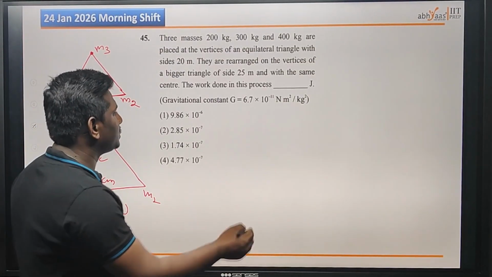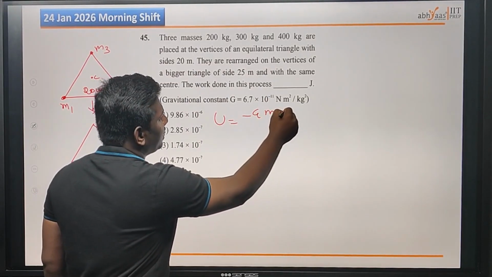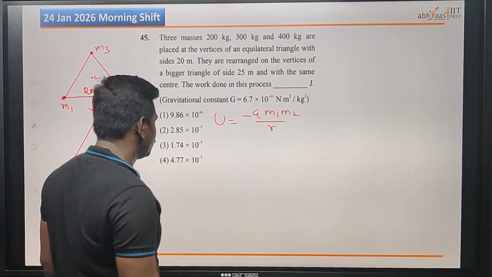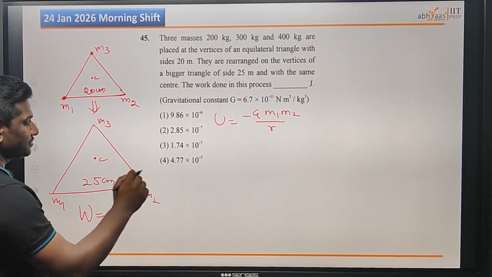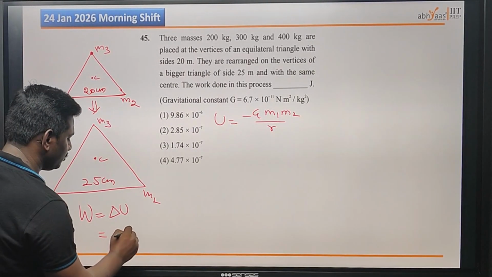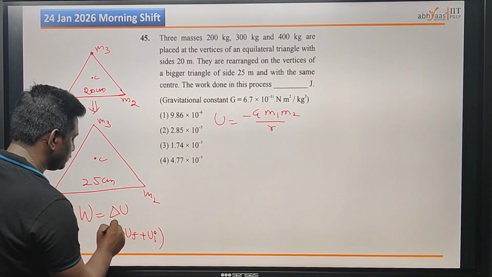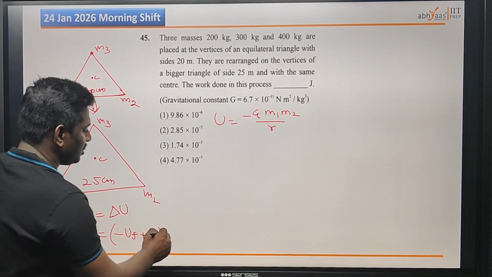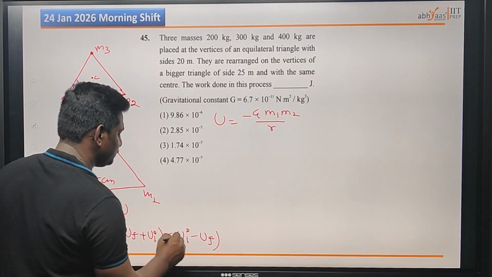We know that potential energy is nothing but minus G m1 m2 by r. So how to find the change in potential energy? You can simply write minus U final plus U initial, or you can simply write U initial minus U final.